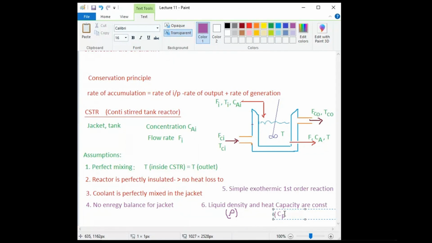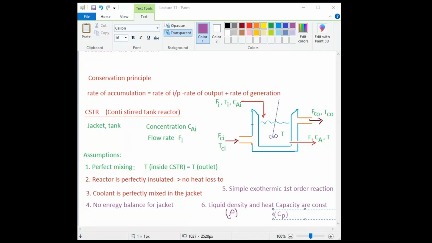So when we provide heat to any particular object or material, the temperature will increase. When we remove the heat, the temperature will drop. And we know the relation that we have studied, Q is equal to C delta T. This C is the heat capacity.